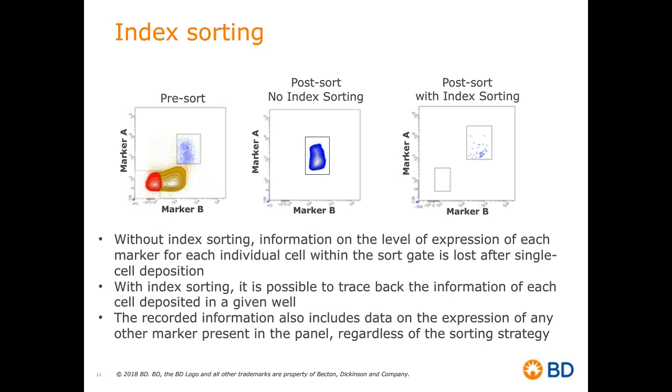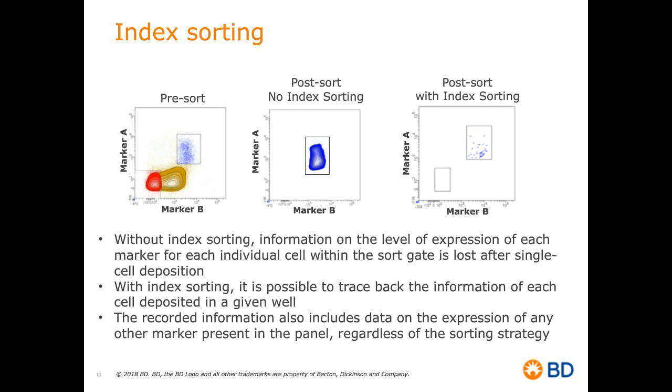Now, if we perform a similar experiment, in this case, a different experiment is showcased on the right, but with the same markers, all the information at the time of sort have been recorded for each individual cell. And so this means that now we are able to identify a cluster of cells with a specific gene expression analysis. We can go back to the protein data and define whether there was a correlation with the level of expression of marker A.